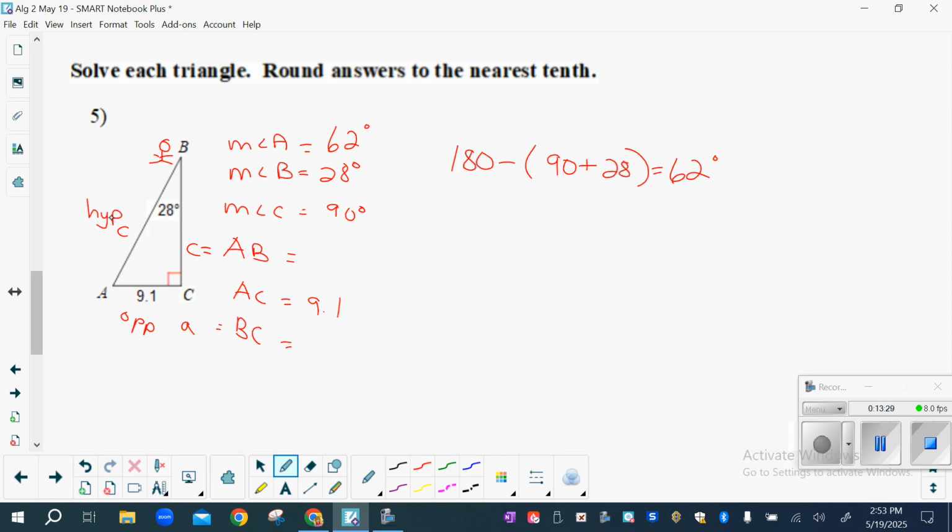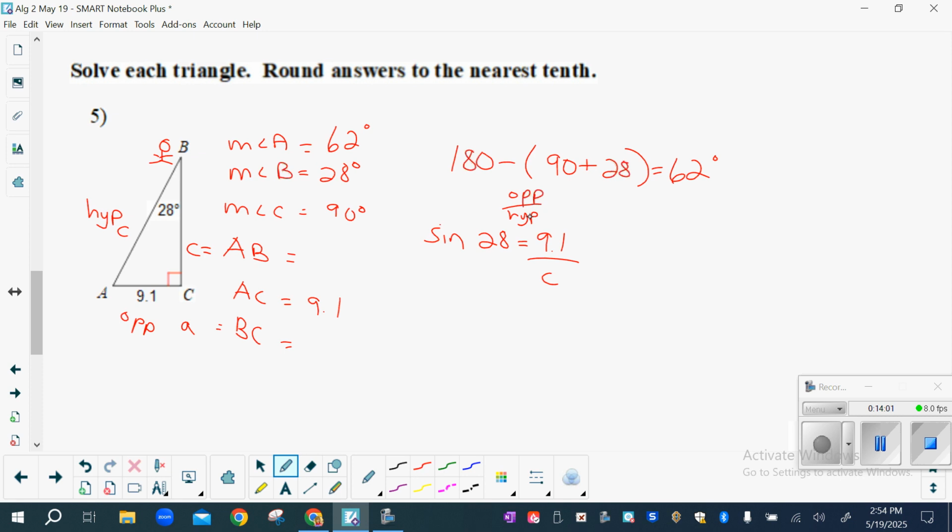So in this group, what function will we use? We have opposite and hypotenuse. That's sine. Okay, so we're going to say sine of 28 equals the opposite, 9.1, over the hypotenuse, which is C. How do we solve that?